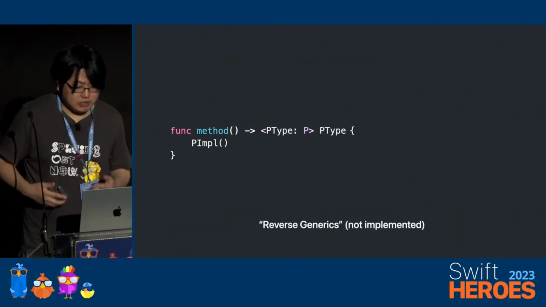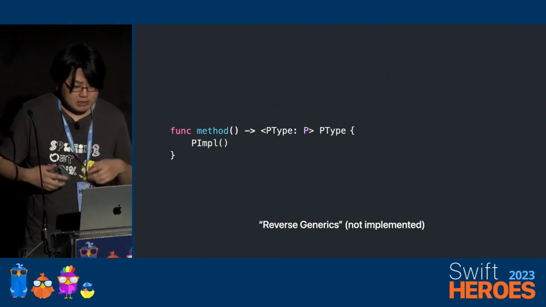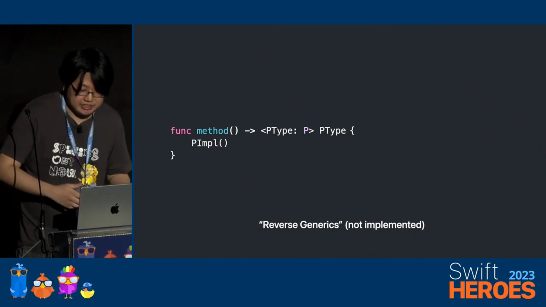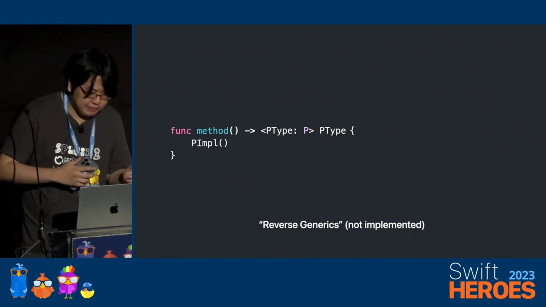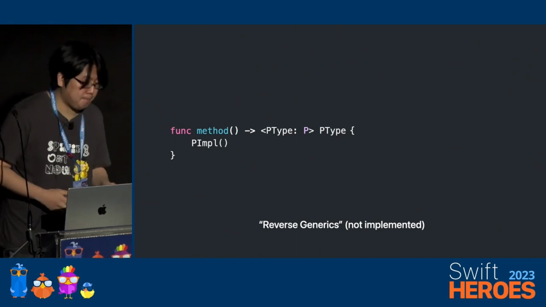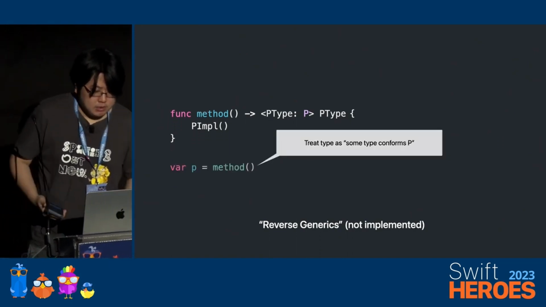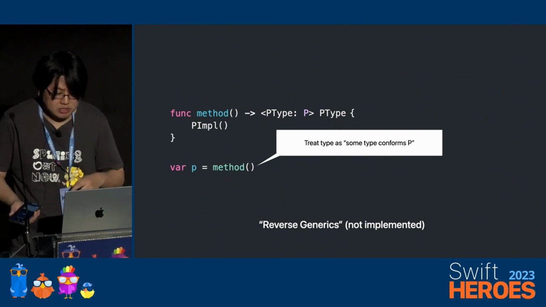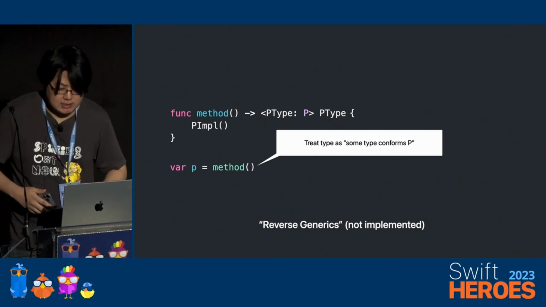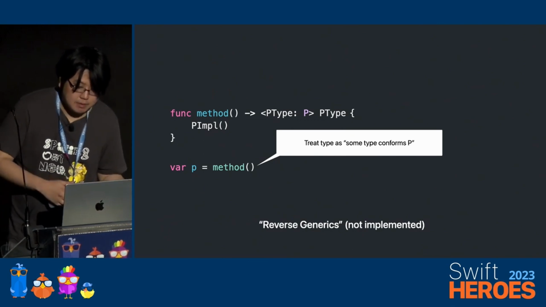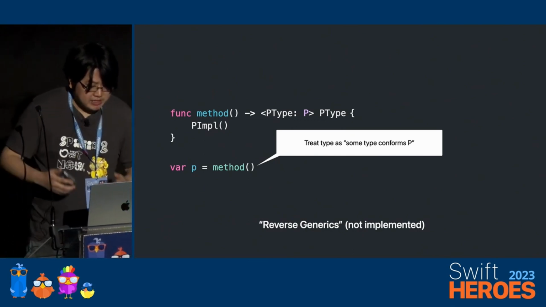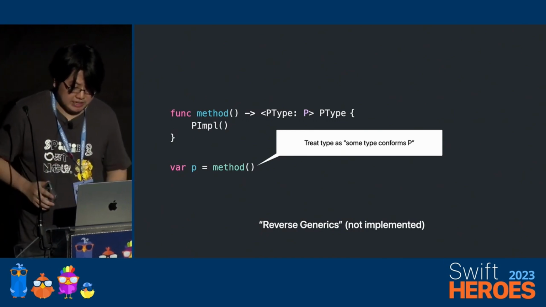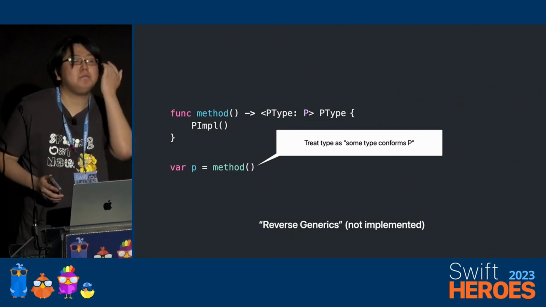To solve the type level abstraction for return type, reverse generics was suggested at first. The syntax is not the same as normal generics because the type variable definition is after the return type. If we use this method with reverse generics like this code, the return type is treated as a special type, which means some type conforms to P. The special type abstracts the return type, but it has concrete type information, so we don't need the container.